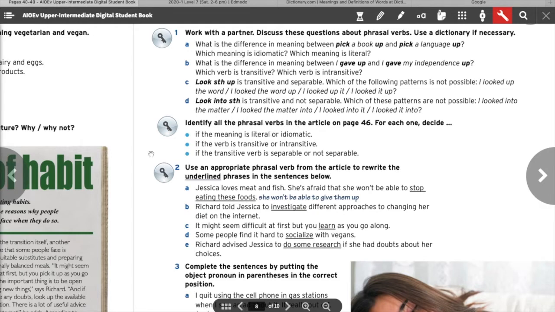So identify all of these verbs in page 46 and for each one decide if the meaning is literal or idiomatic, if the verb is transitive or intransitive, and if the transitive verb is separable or not separable. Okay? So you can pause the video and look in the article for all of those verbs.